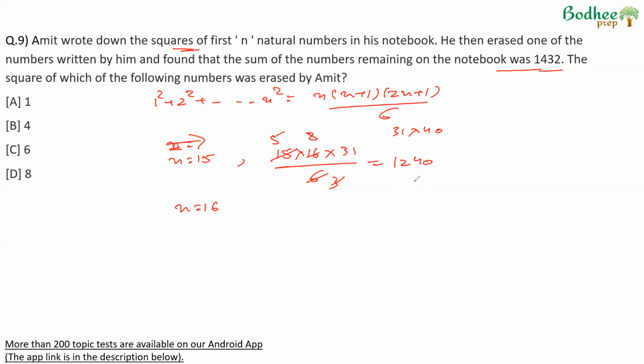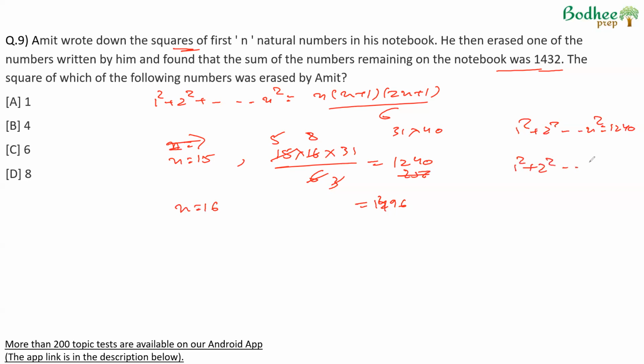What if n is equal to 16? Just add the square of 16 to 1240. The square of 16 is 256. So the sum of squares will be 1496. This has crossed 1432. If the squares till 15 had been written, the total would have been 1240, and erasing a number will not take it to 1432.